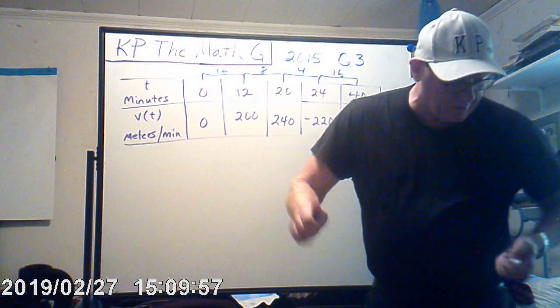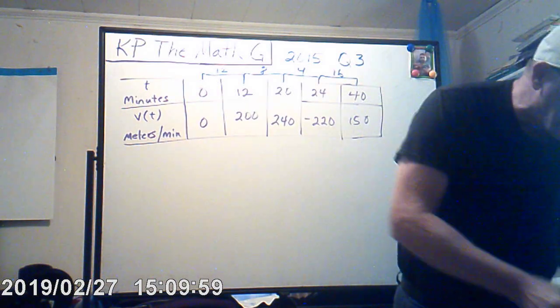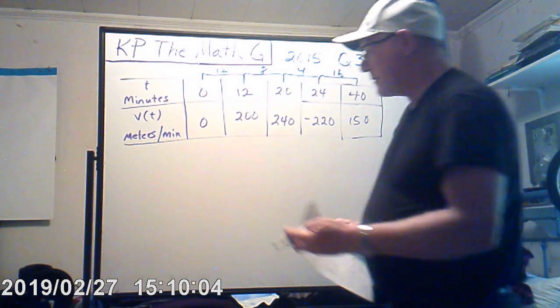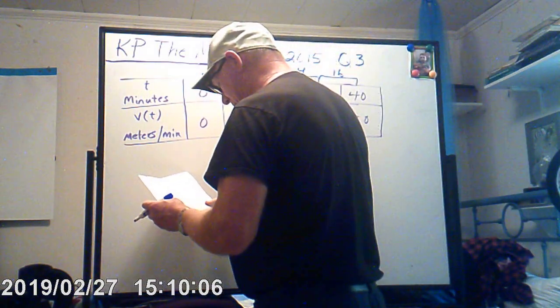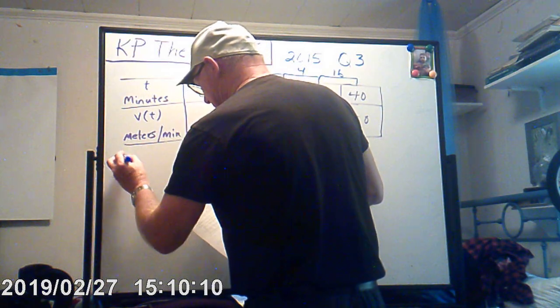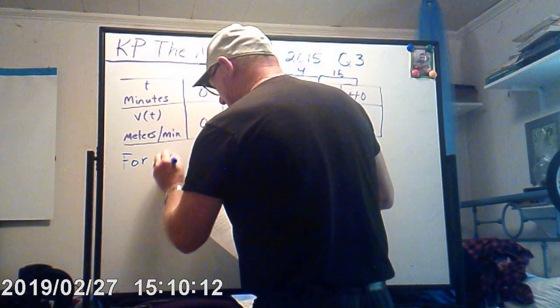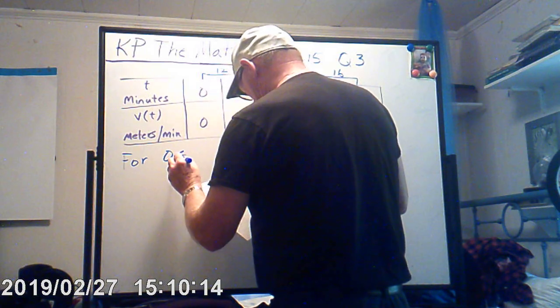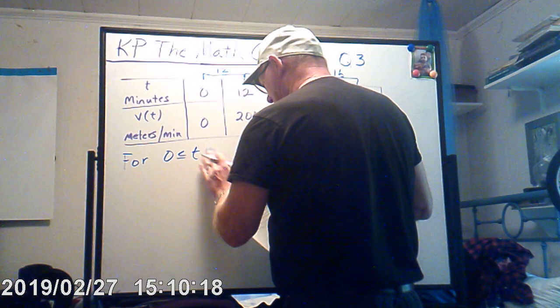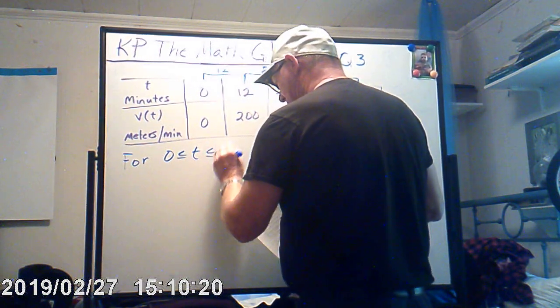Now we have a different function, and here is Bob. Bob is riding his bicycle along the same path. And we're looking at t between 0 and 10. Sorry about that.